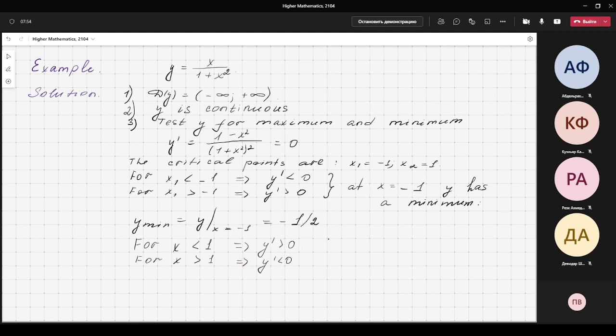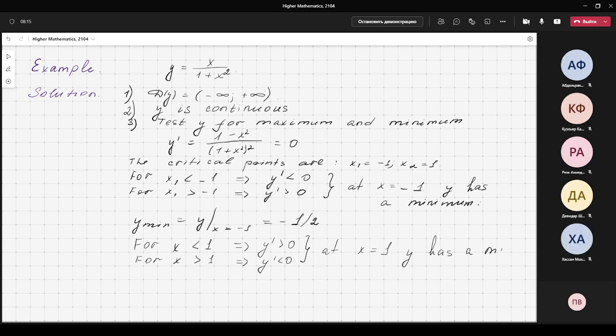From this, at x equals 1, the function has a maximum. And the maximum value is 1 over 2.